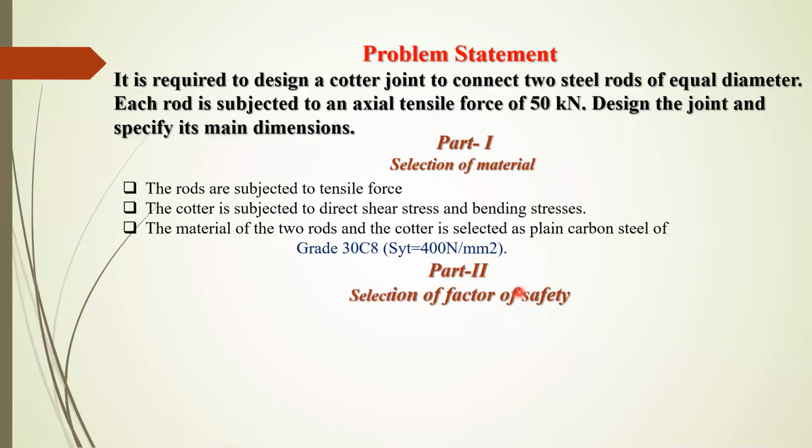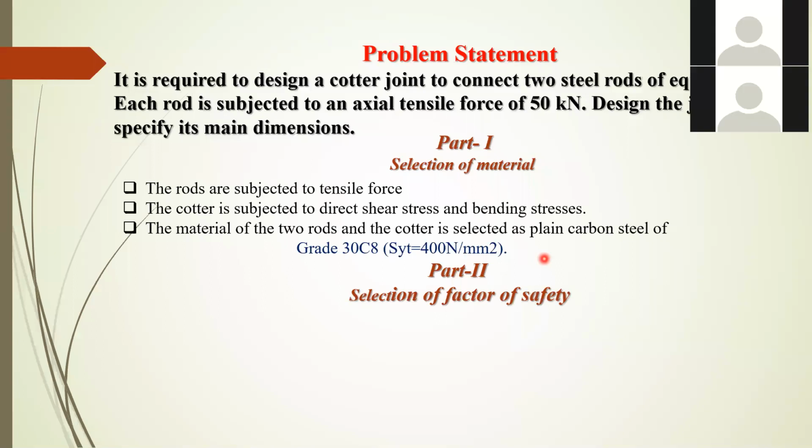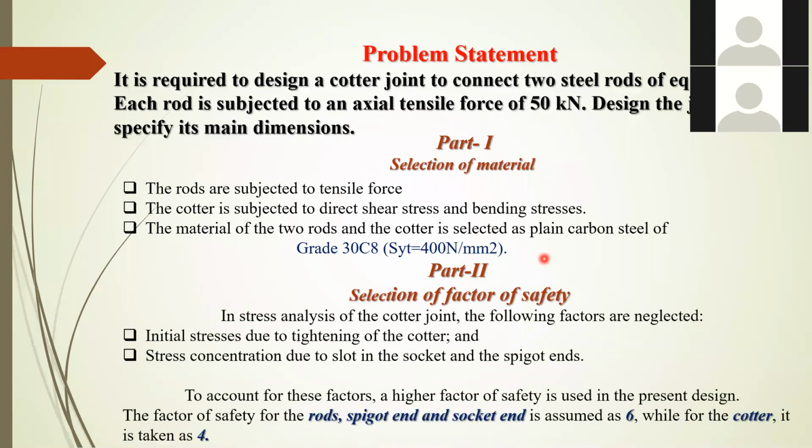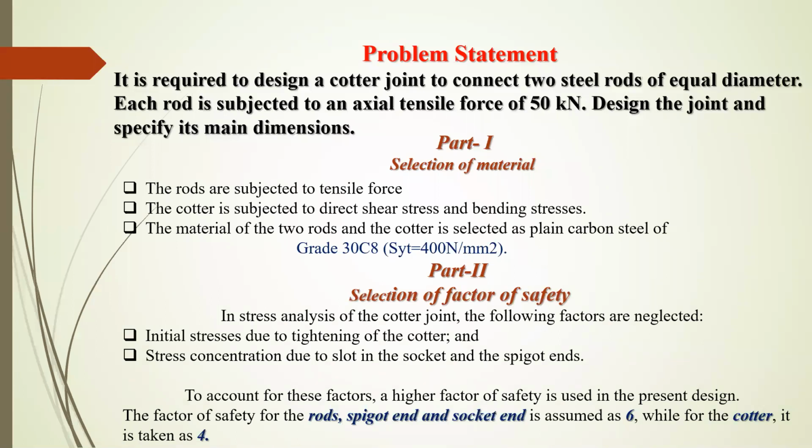Then part two is selection of factor of safety, which is how much factor of safety is required for the design procedure, that we will discuss here. For the selection of factor of safety, we have to consider these assumptions. Initial stress due to tightening of the cotter, we are neglecting that stress, and stress concentration due to slot and socket is also neglected, as per the assumptions made before the designing procedure.